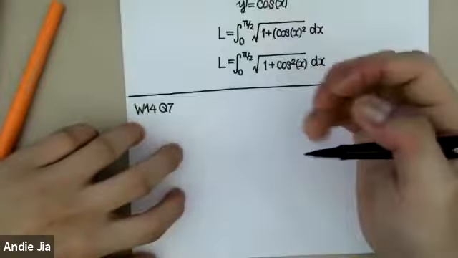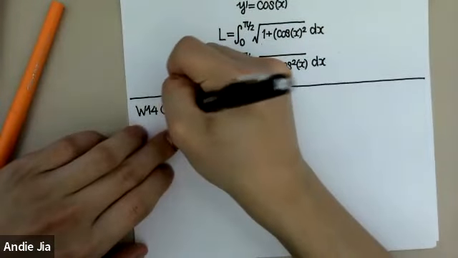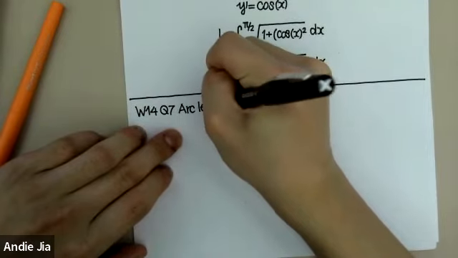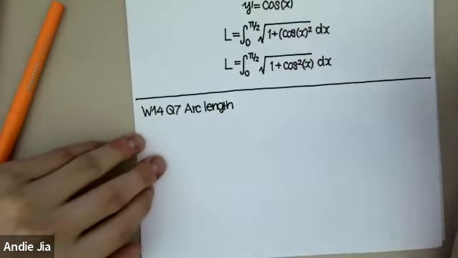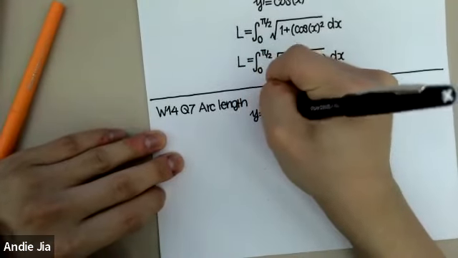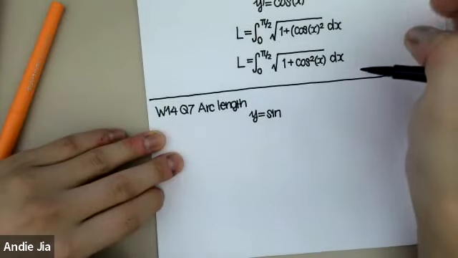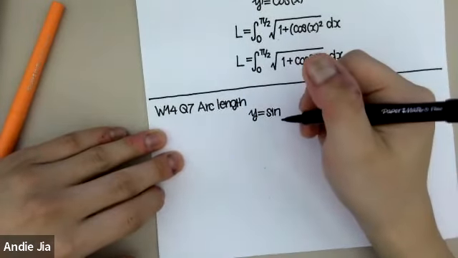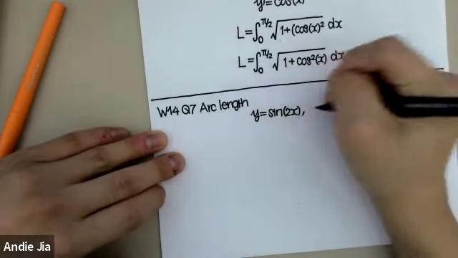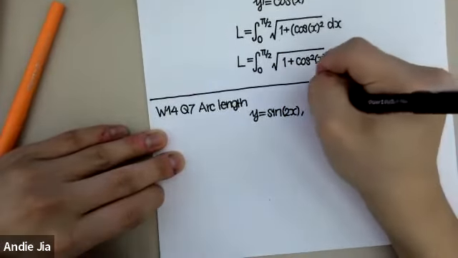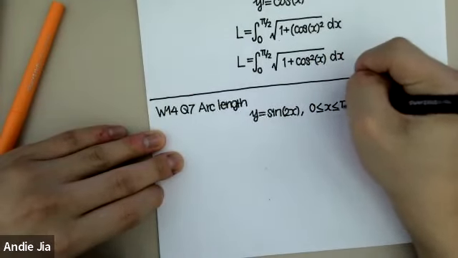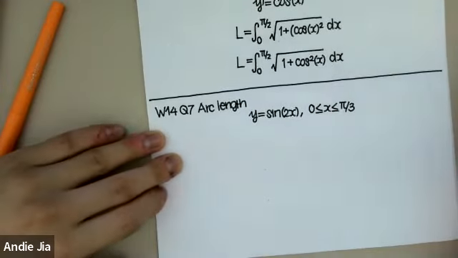It's another arc length problem. We have y equals sine of 2x, and the interval is from 0 to pi over 3.